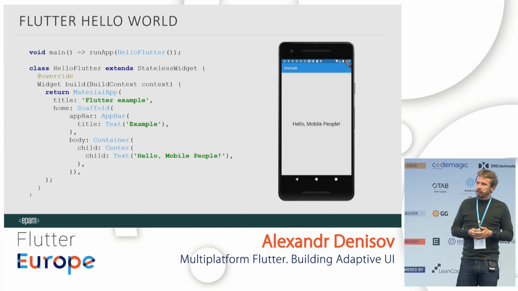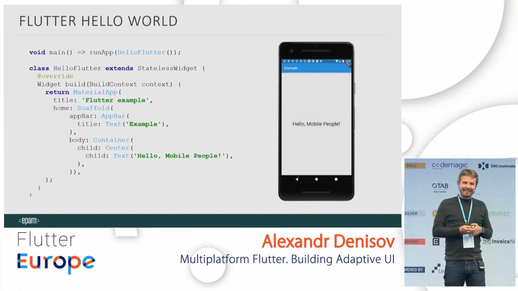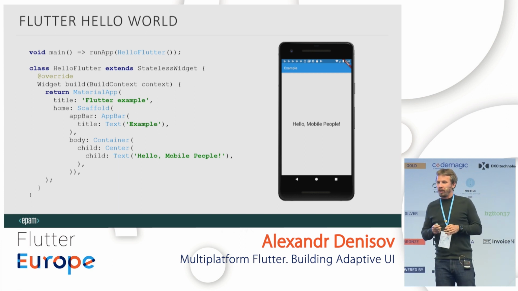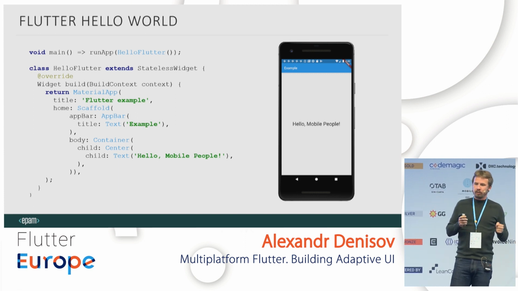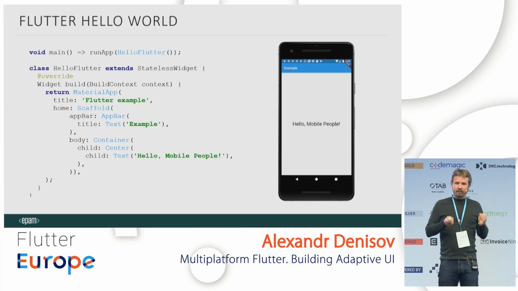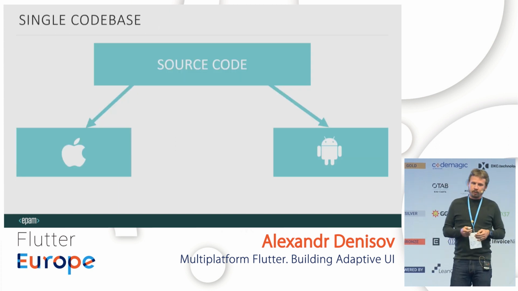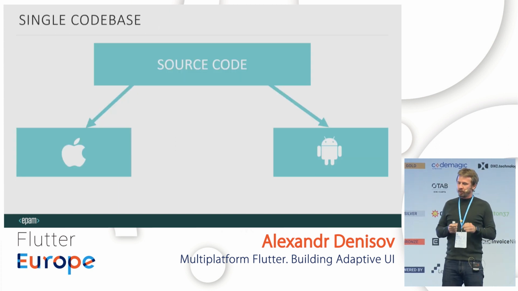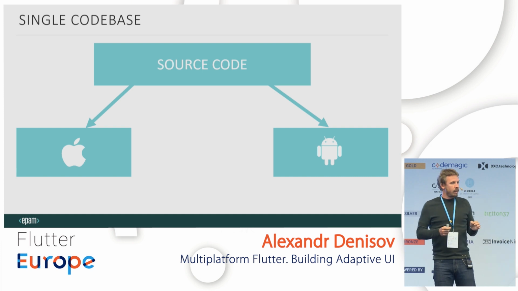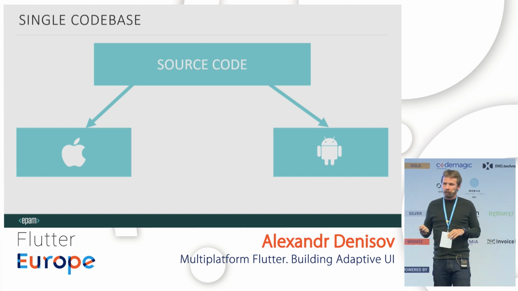And as you can see, there is no XML layout config file or anything like this. Just Dart code, and that's all. What does it mean? It means that the same code is building UI for iOS and for Android without separation.